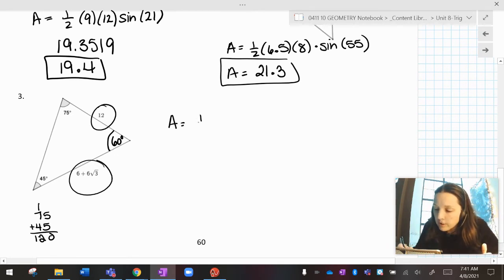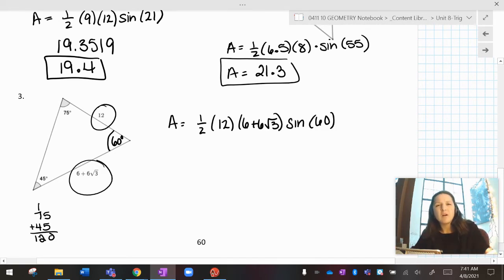The area of a triangle is 1/2 one side times the other side times the sine of the angle in between. And you might be thinking, oh God, that other side, it's 6 plus 6 radical 3. I don't care. I'm just putting it in the calculator anyway. So if I want to find the area of this, I'm going to type that in. 1/2 of 12 times 6 plus 6 root 3 sine 60.